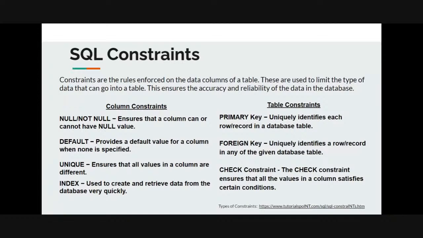And then a check constraint is like what we saw, where you check that the values in a column satisfy certain conditions. And this would be a really good one to see the different examples, with a lot of examples on the tutorial site. Go ahead and click on that.